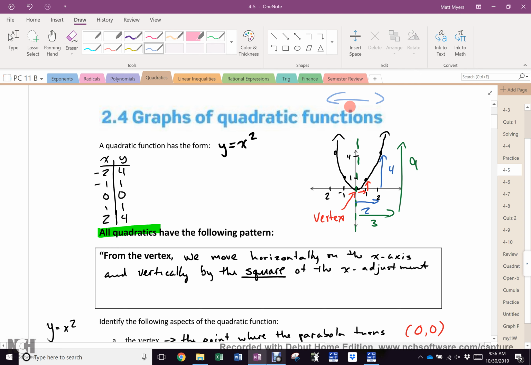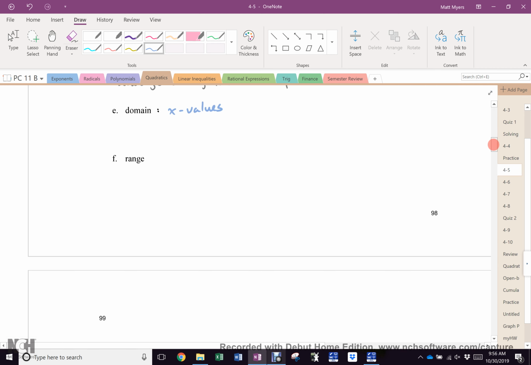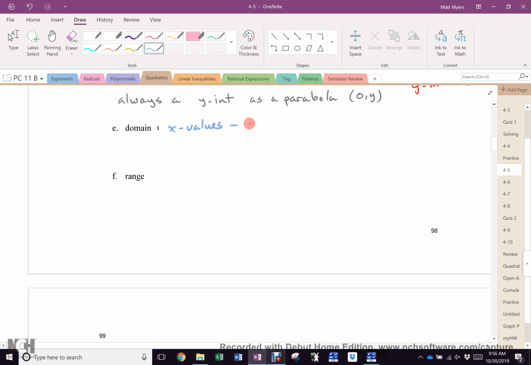How far will this parabola go upwards? Till infinity. So how far will it spread horizontally? Infinite. So a parabola, the x values, has x is a set of real numbers. All the real numbers of a parabola. Is that true of a real life situation represented by a parabola? No, because often we can't have negatives. Everybody understand? Okay. So, we know it. It's infinity to infinity, all the real numbers.